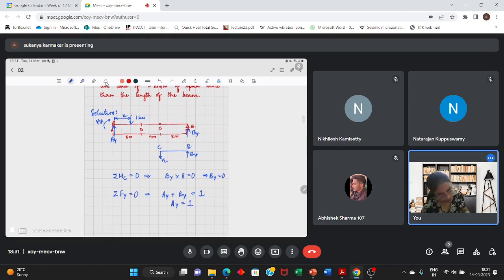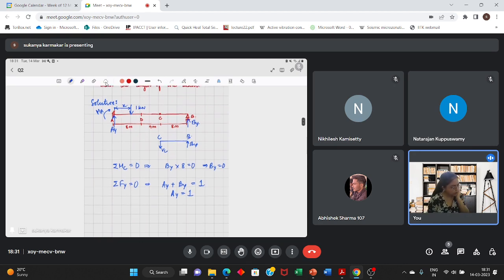Now you have to draw the ILD for shear force at point D, so consider only this much portion. This is A, this is D, this is Ay, this is MA, and Vd, and you also have Md.